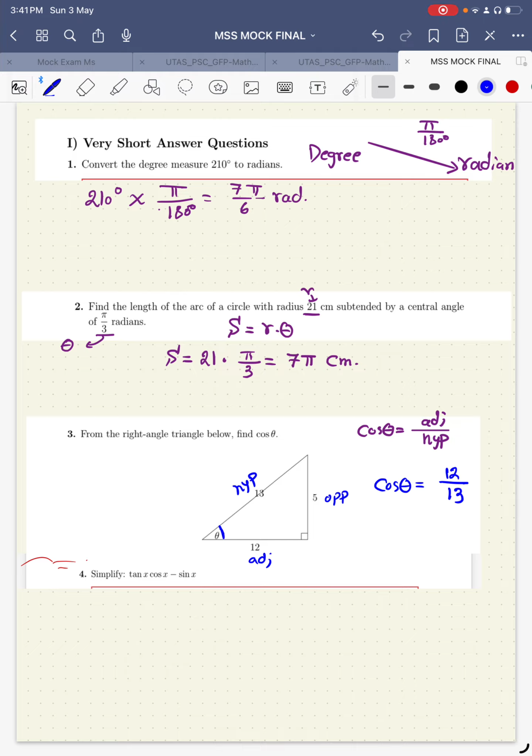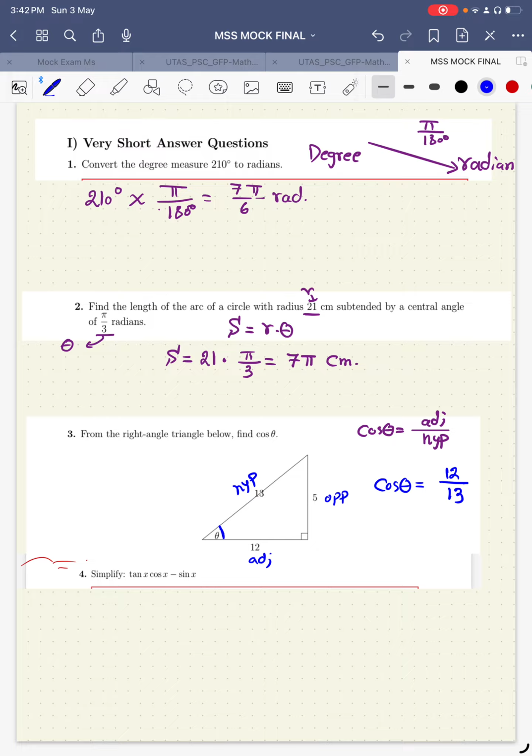Now simplify tan of x times cosine of x minus sine of x. So remember, in question number 4, where they ask me to simplify and I have trig ratios, I always need to change everything that is not sine or cosine.